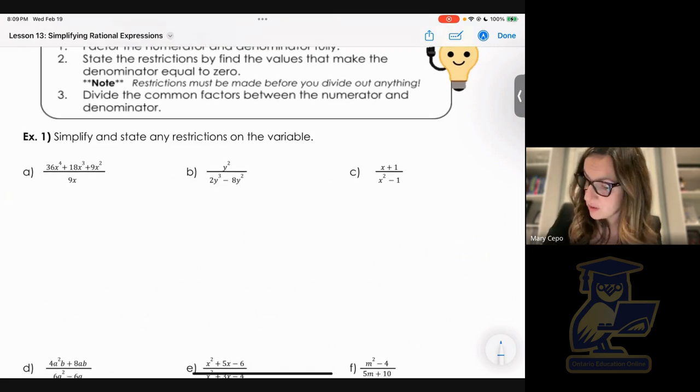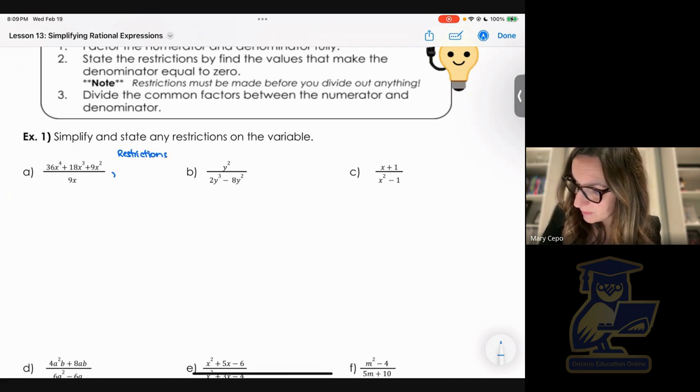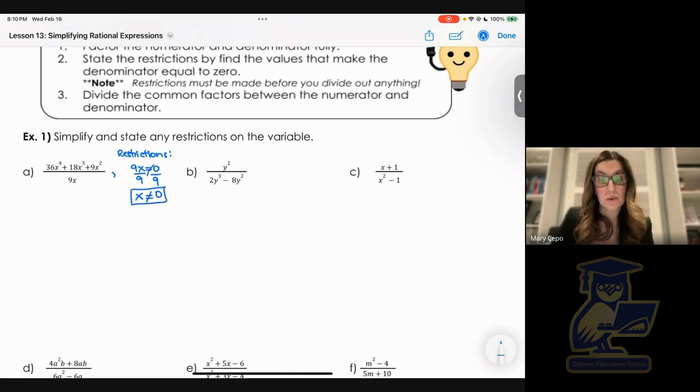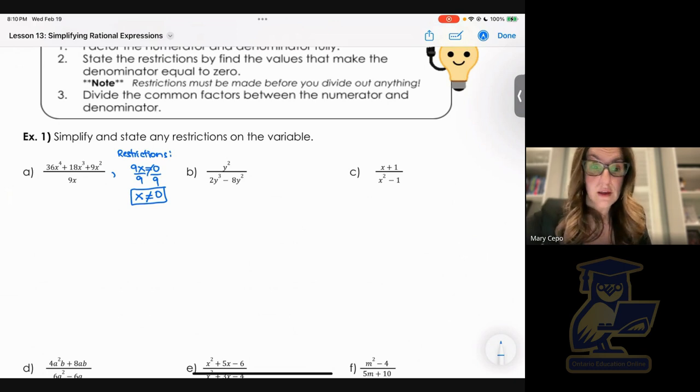So our restrictions would be: let 9x equal 0, divide both sides by 9, x is equal to 0. So we know if x was 0 in this case, our denominator would be undefined. And that's why we say x cannot equal 0.